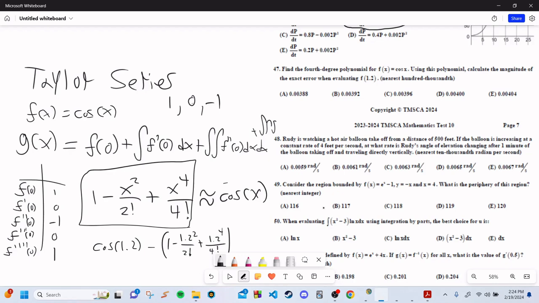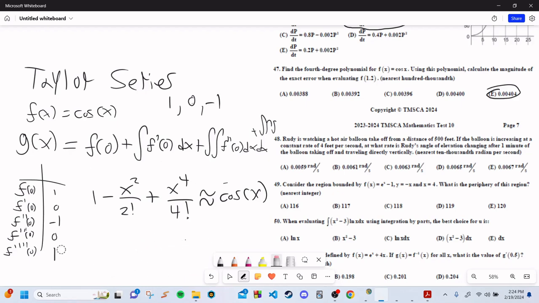Okay, so after typing that, we get an error of about 0.022. Oh, wait, I typed it wrong. Okay, ignore that. We get an error of about 0.00404. And so that will be answer choice E.